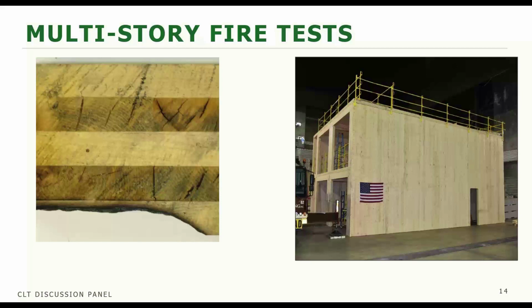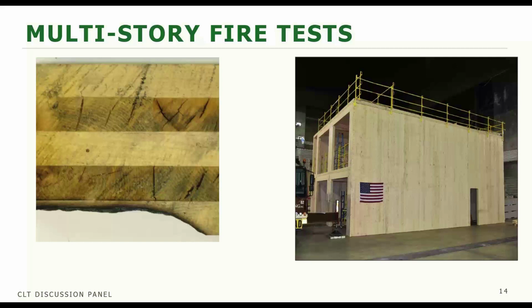You can see we built a 2-story full-scale structure inside of the lab here, and we subjected it to 5 different fire tests. The illustration on the right is what the structure looked like. The picture on the left is one of the CLT panels after it was exposed to a fire test that ran somewhere in the neighborhood of 3 to 4 hours probably.